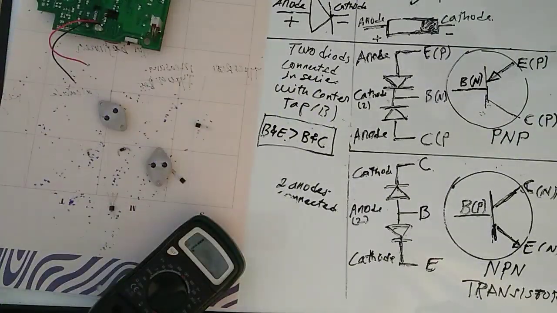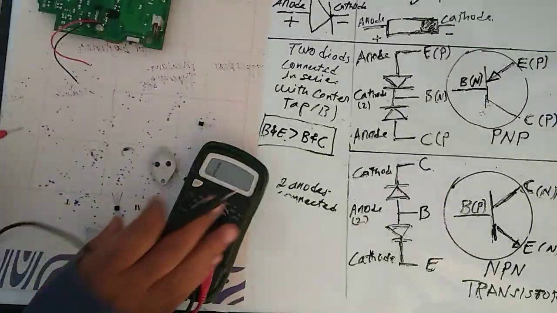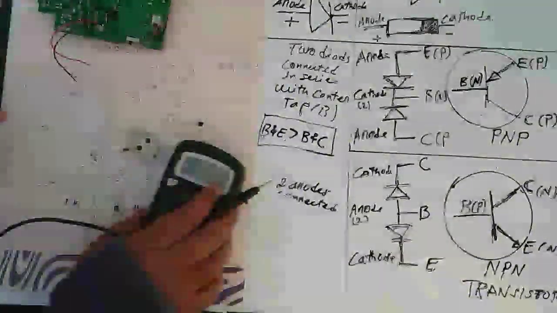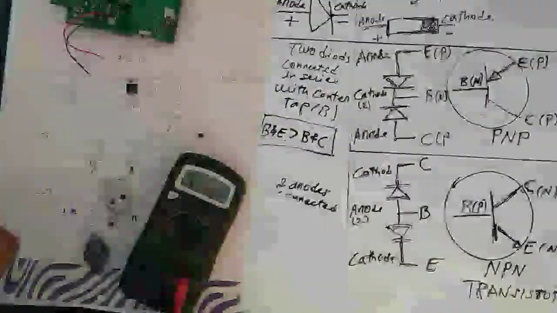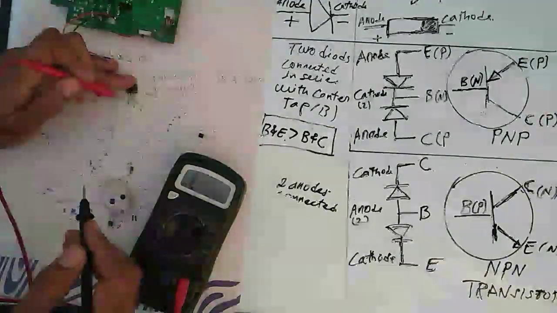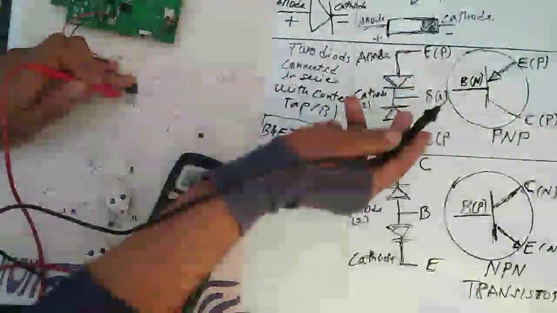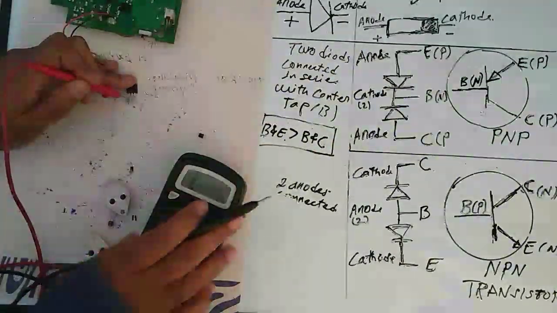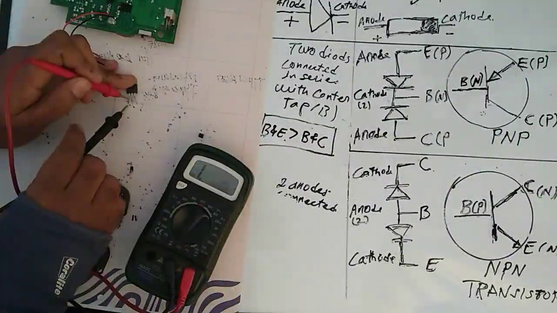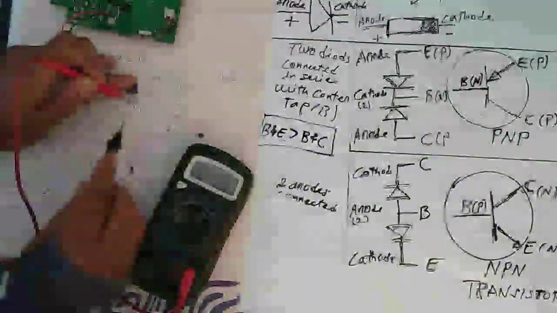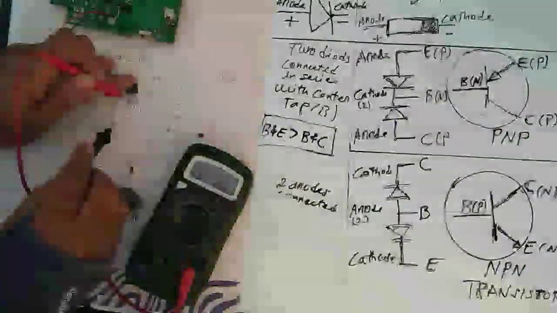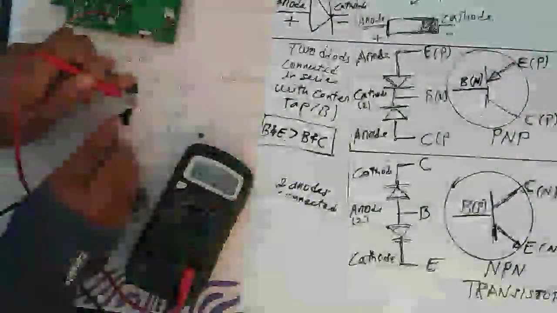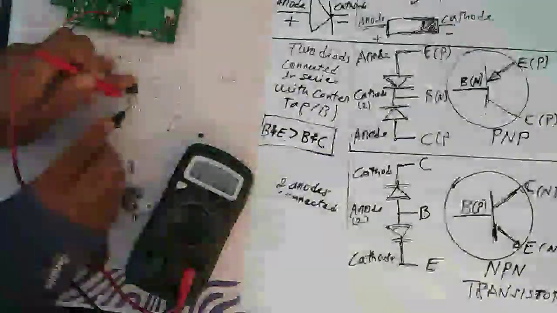To show you practically, let me take this transistor, which is a PNP transistor. I need to put the negative probe of the multimeter at the base. I know the base is this side. If I put the probe here like this, I'm not going to get a reading, because the base is negative.